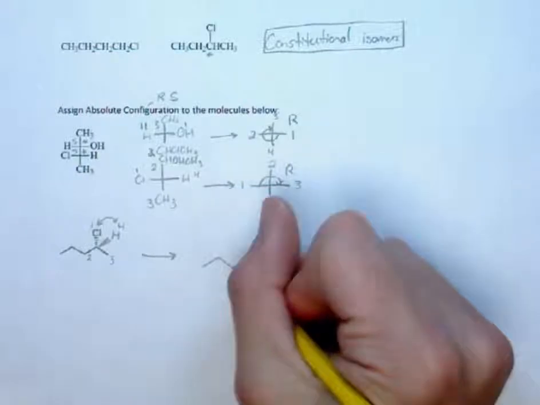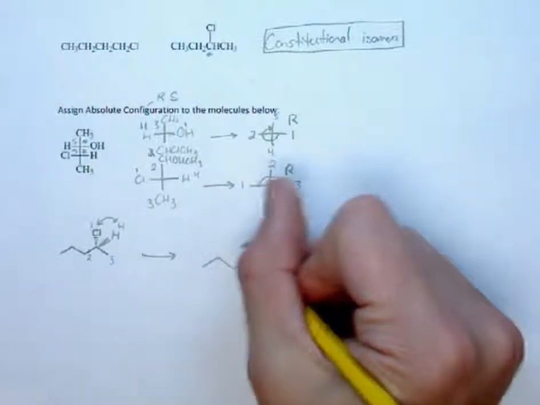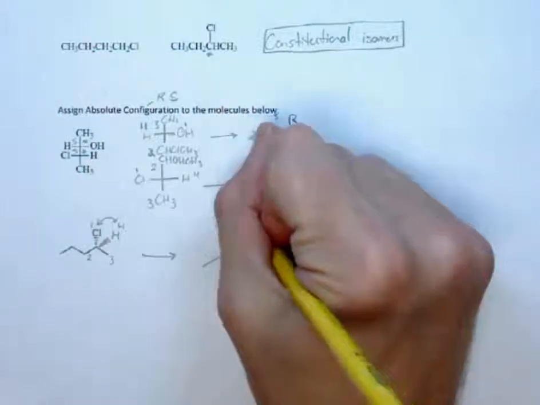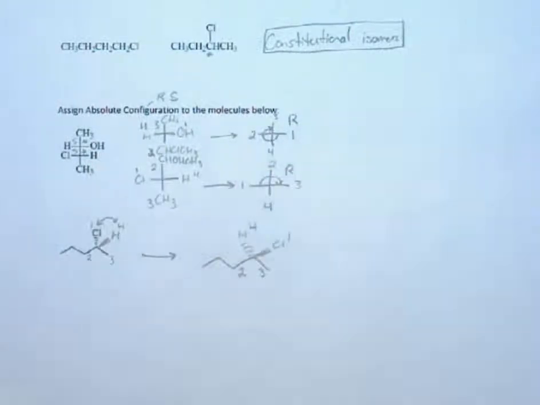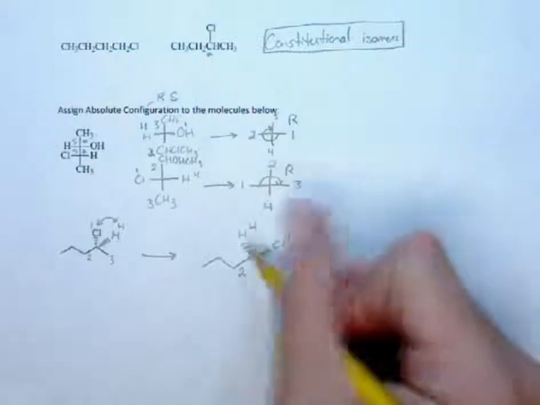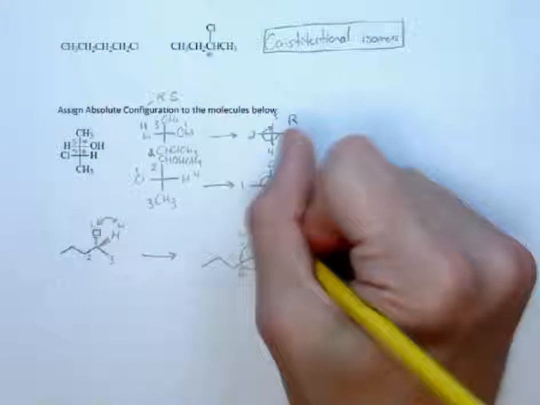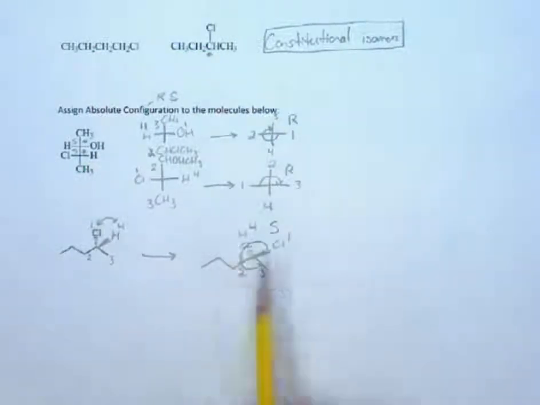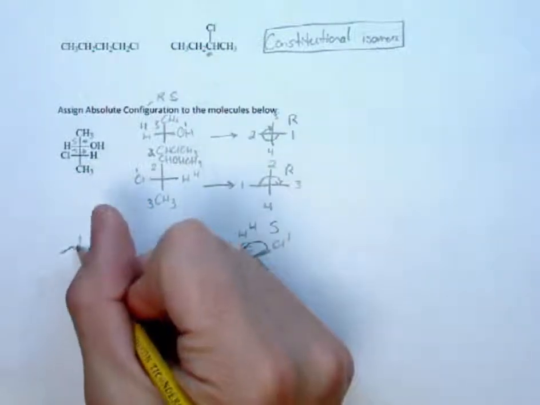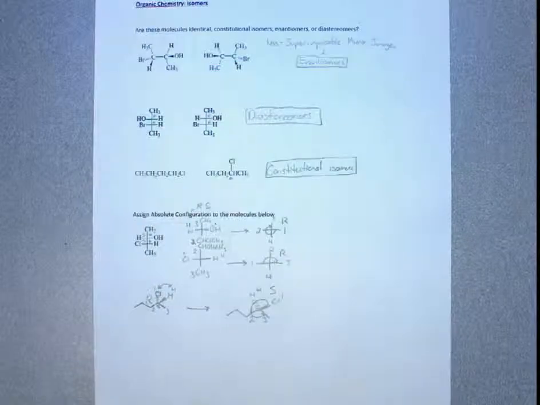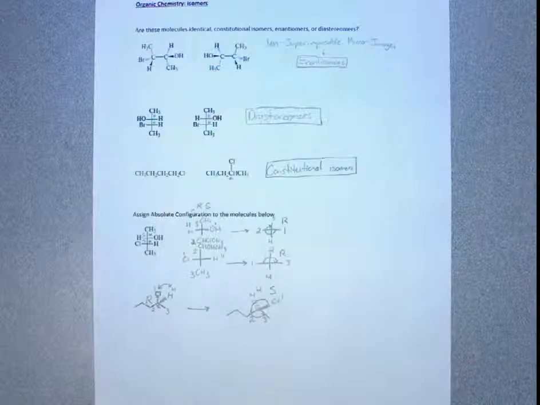And so we get this. And now if we draw our rotation, it would be this way. So that would be S. However, since we switched the two groups, this configuration is going to be R. And that concludes the video on isomers.